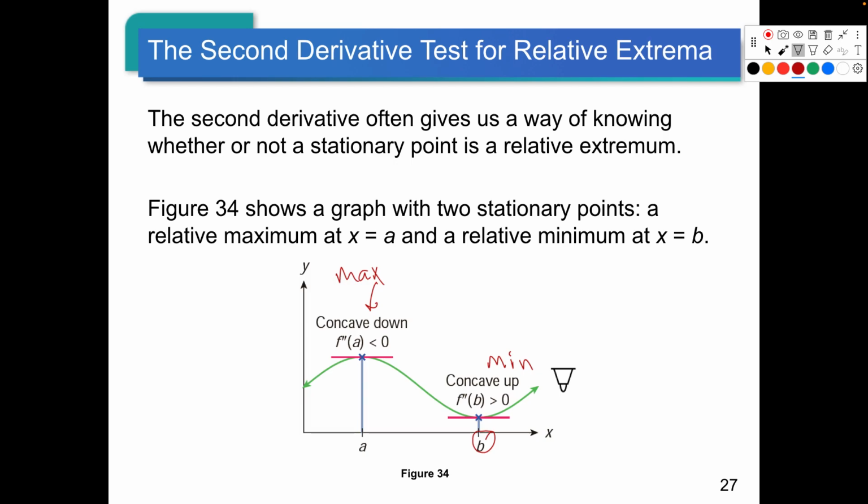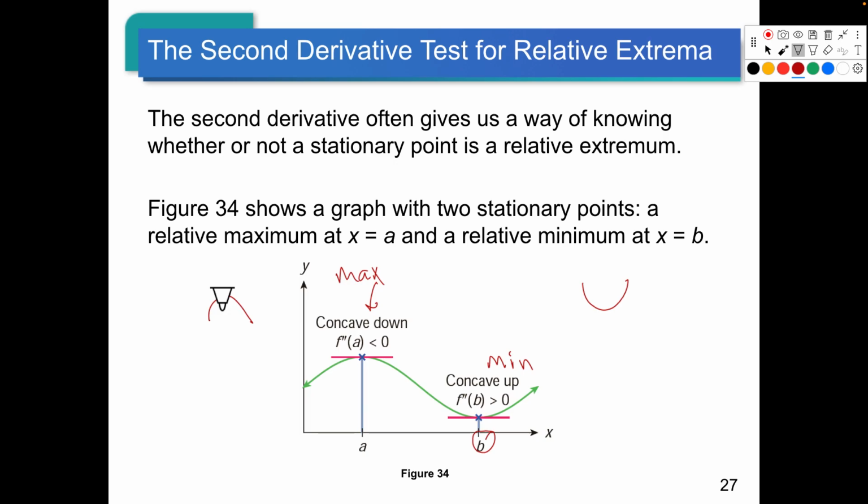Okay, and for me, I always have to think backwards, because I would think a positive second derivative sounds like I'm at a maximum, but it's actually a minimum because it gives you the smile, and a smile has a minimum. Negative gives you a frown, which gives you a maximum. Okay, so you can use that second derivative. You can also use a graphing tool to look at the graph.